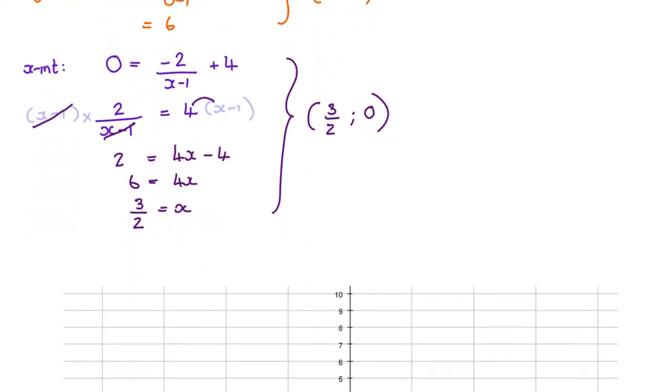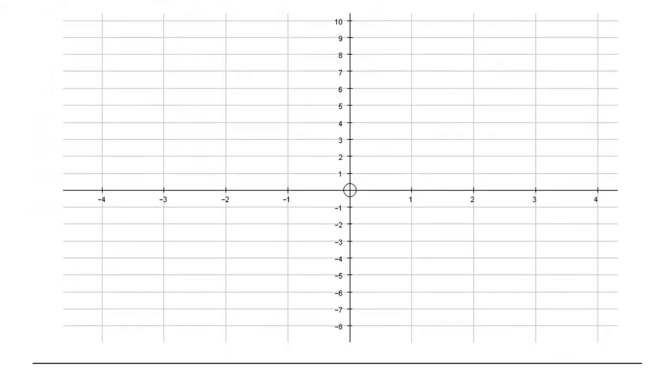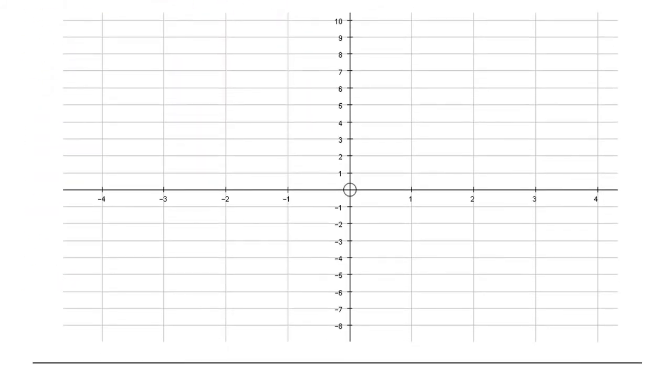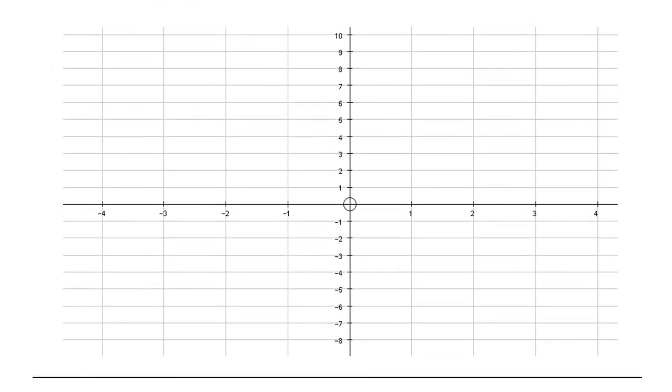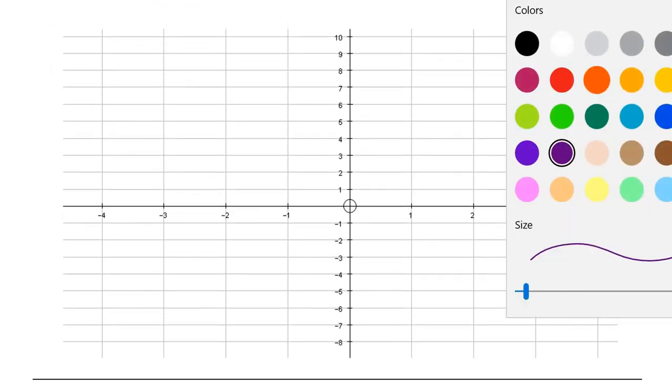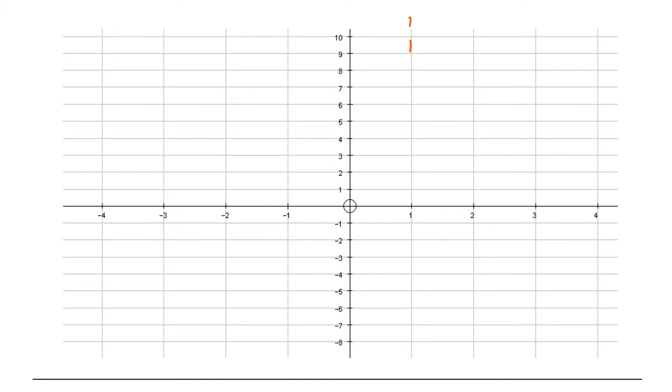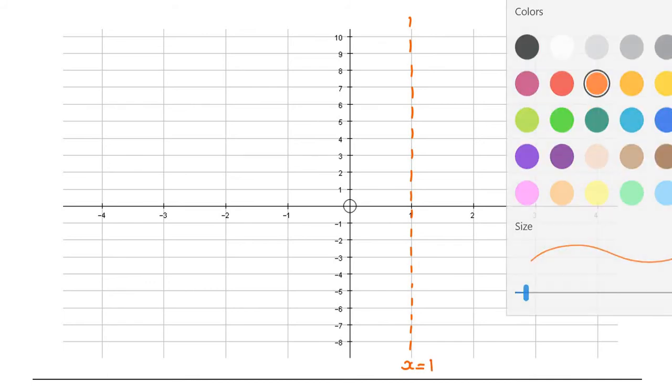Okay, so before I find my axis of symmetry, I'm just going to go and plot this. I'll show you in a second what I do in a test or exam. So first of all, we always plot asymptotes with a dashed line, and you must label it, not 1, x is equal to 1. An asymptote isn't a number, it's an equation, it's a line.